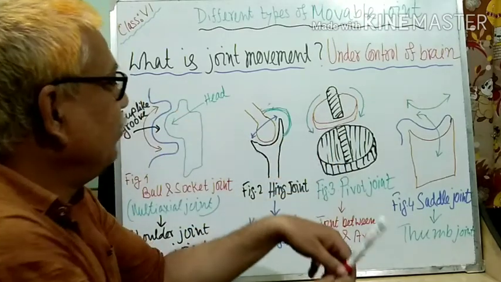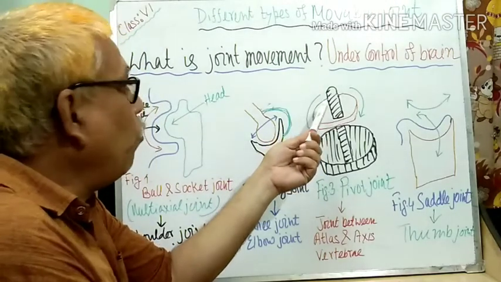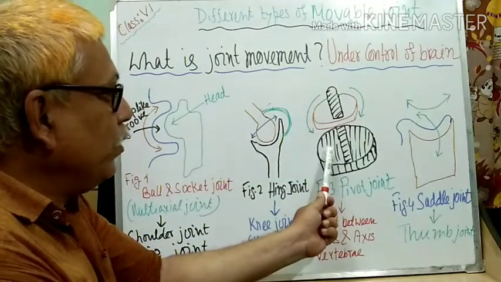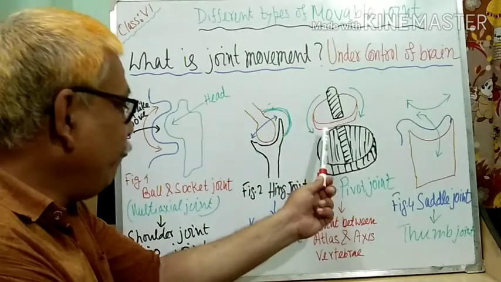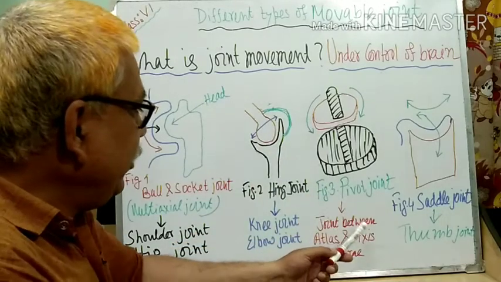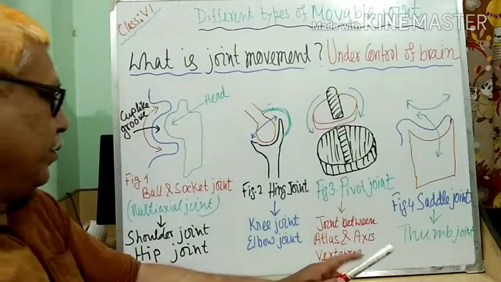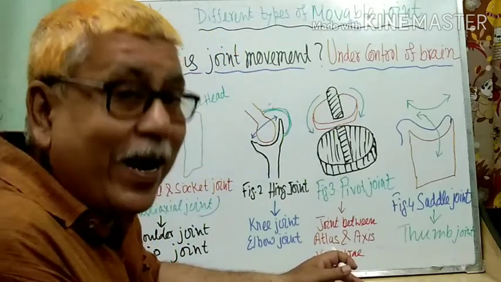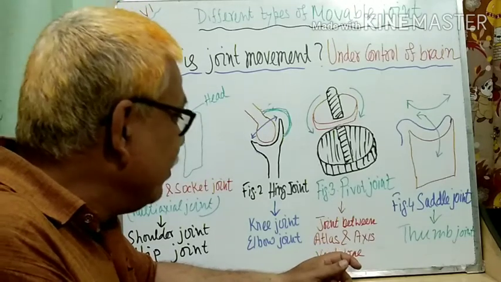As a result, one bone can rotate, whereas the other bone remains stationary. We find this type of joint between the atlas and axis vertebrae. See here, atlas is our first vertebra, and axis is the second vertebra.